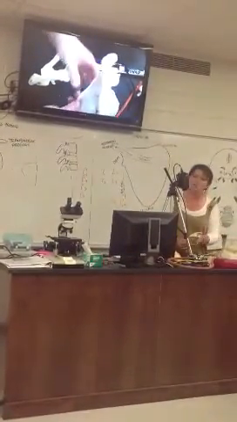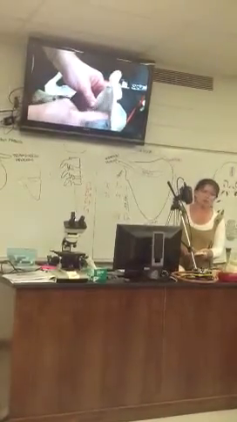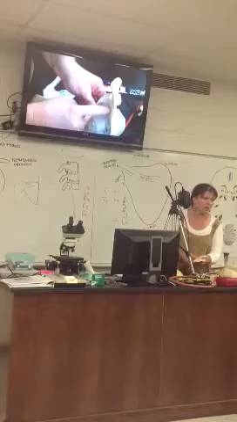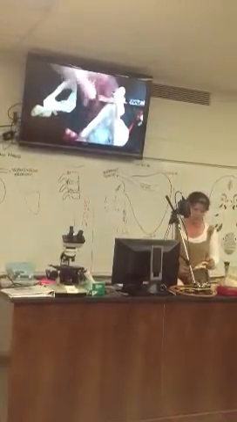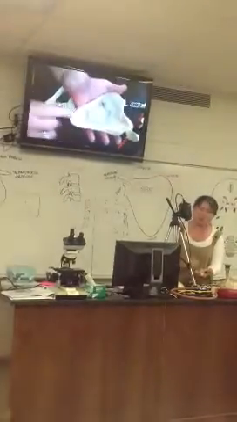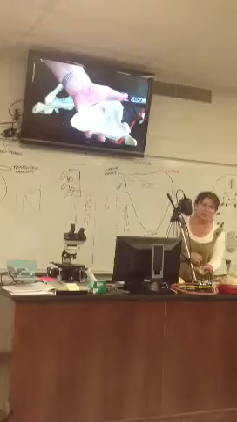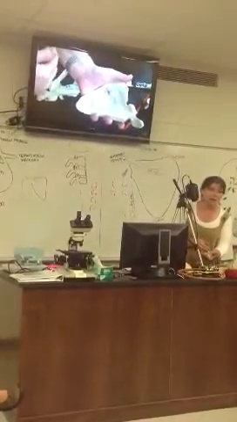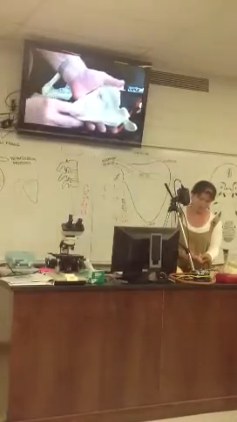That's called the supraspinous fossa. There's one just directly below it. That's called the infraspinous fossa. There is a fossa on the interior side that lies under the scapula, so it's called the subscapular fossa.